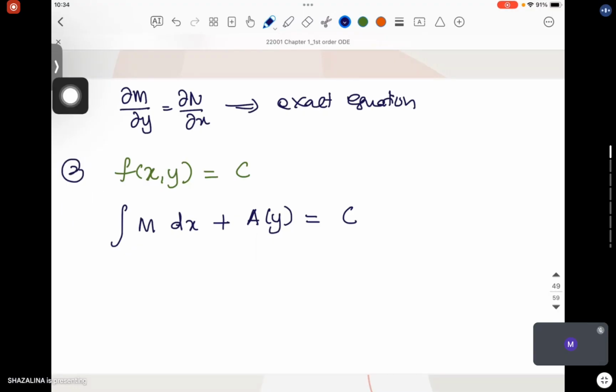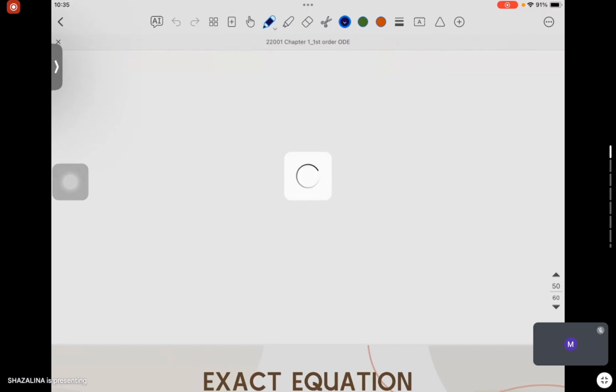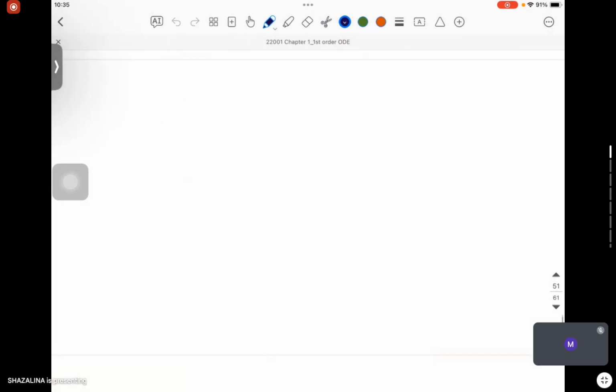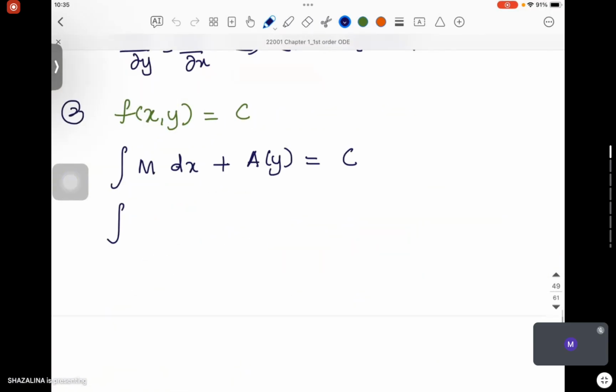Okay, now we want to substitute the M. Okay, M ni ada dari mana? Daripada soalan. M comes from the question. So, integrate 2xy dx plus a function of y.